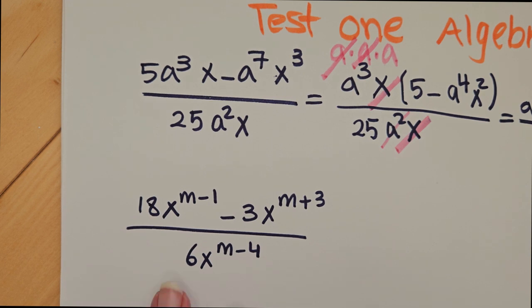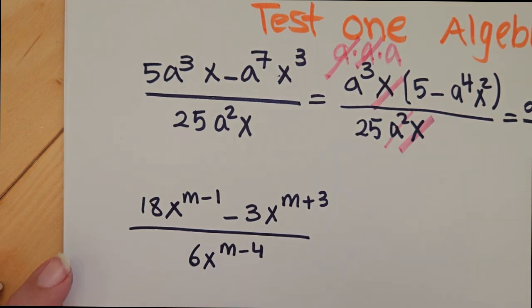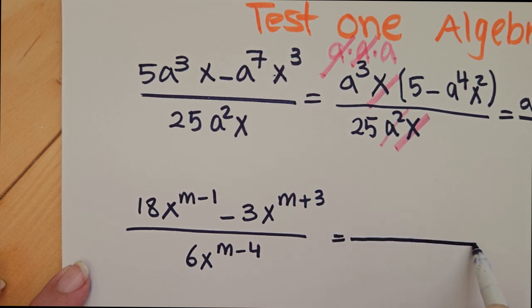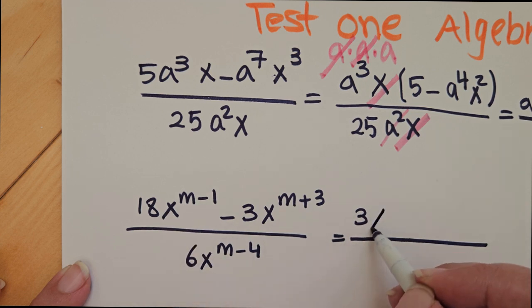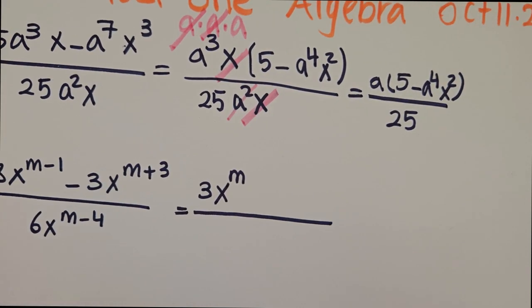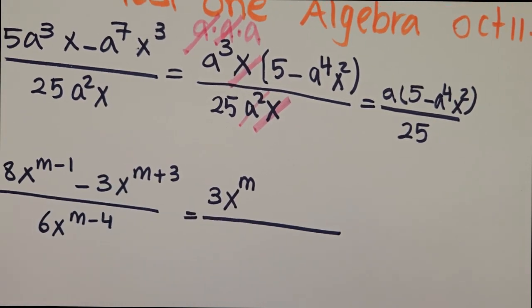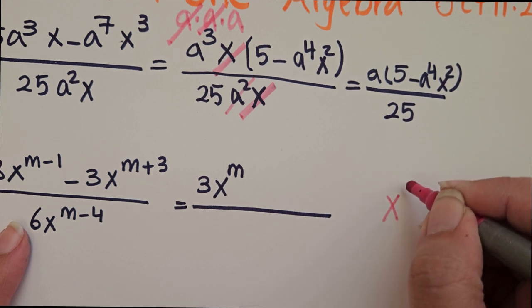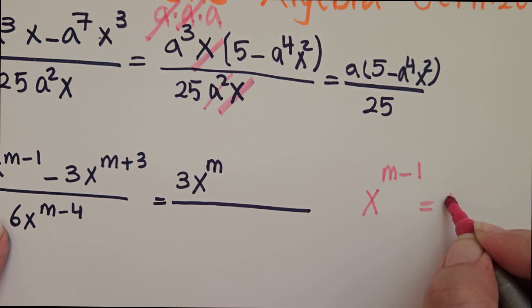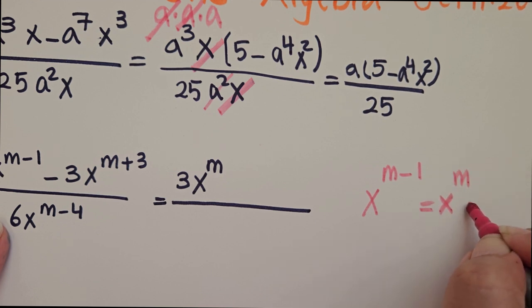Okay, this is the second question. So I will start by factorizing the common factor. So definitely 3. And then I would go by factorizing x to the power m. Okay, just as a side note, I put it in a different color. So when we have x to the power m minus 1, that is actually x to the power m multiplied by x to the power negative 1.